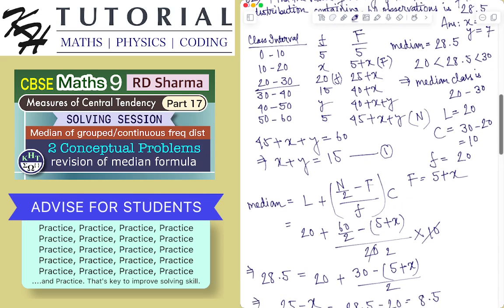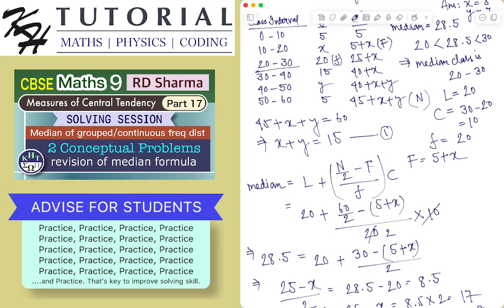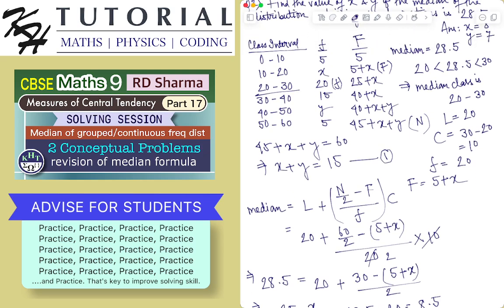So these were two conceptual problems that I wanted to solve and discuss so that you can solve this kind of problem. This is purely based on a concept: if you have one or two unknown variables in the frequency, then first of all the sum of the frequencies of the class intervals should be equal to the total number of observations. From this concept you will get one equation on the unknown variables.